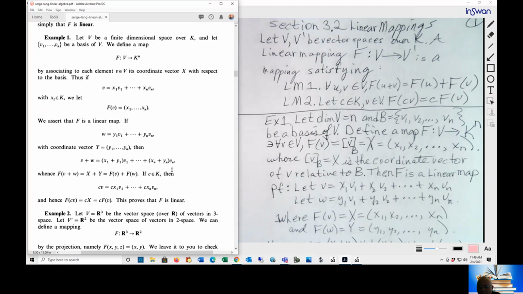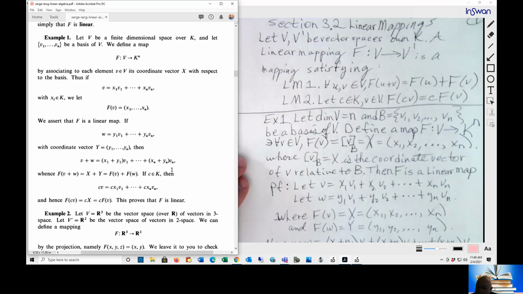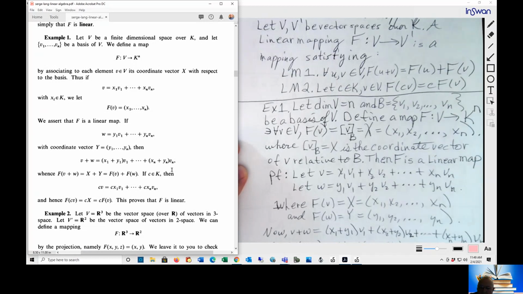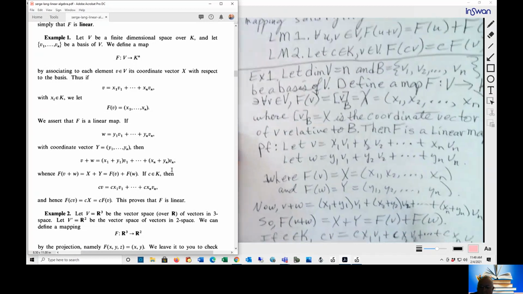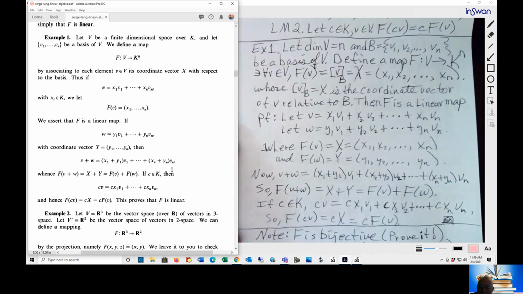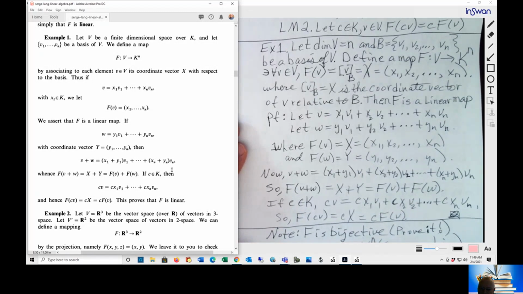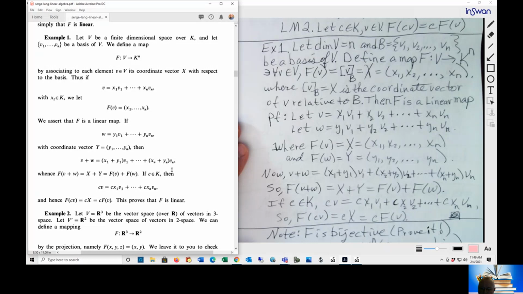All right, here we go. So suppose we have a finite dimensional vector space V having dimension n, okay? And let B, v1, v2 to vn, be a basis for V.